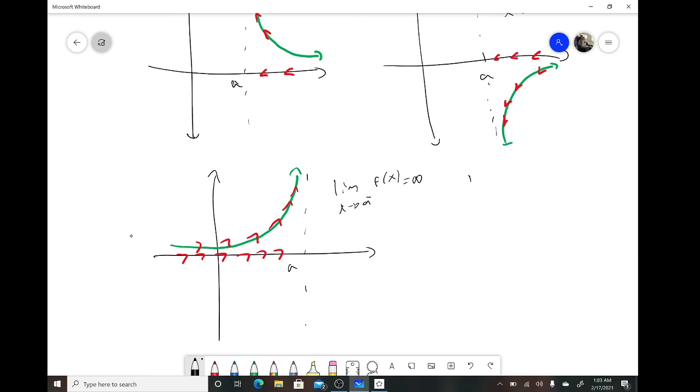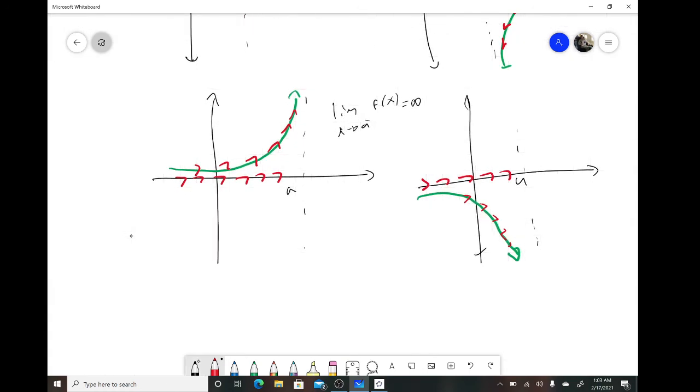And finally, as you probably would have guessed, we may have this scenario where as the x values are approaching a from the left side, the function values are going to minus infinity. So here, the limit as x goes to a from the left side of f of x is minus infinity.